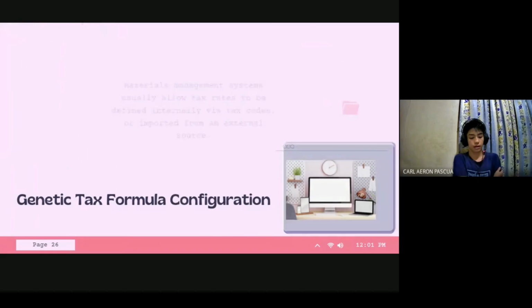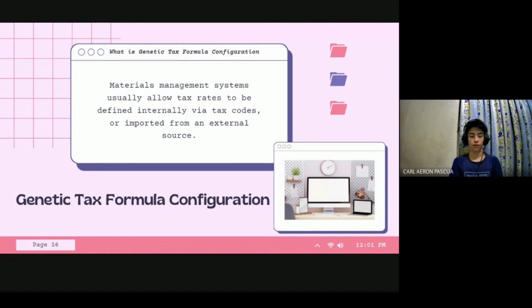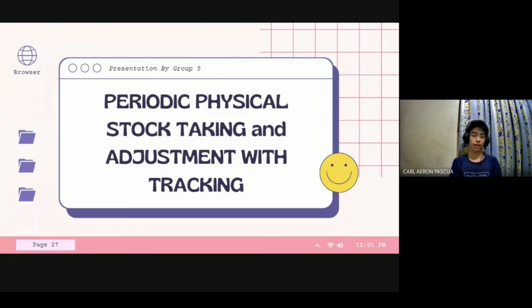So the automatic calculation of tax during the purchasing process makes the process less susceptible to clerical errors. So we have periodic physical stock taking and adjustment with tracking.